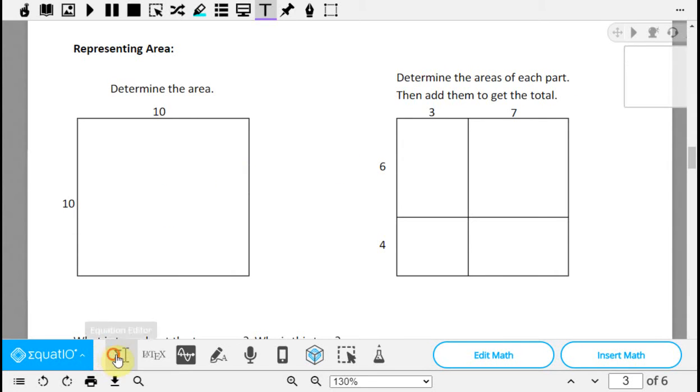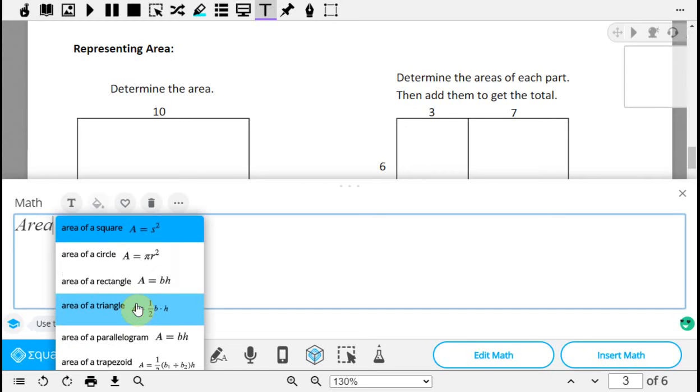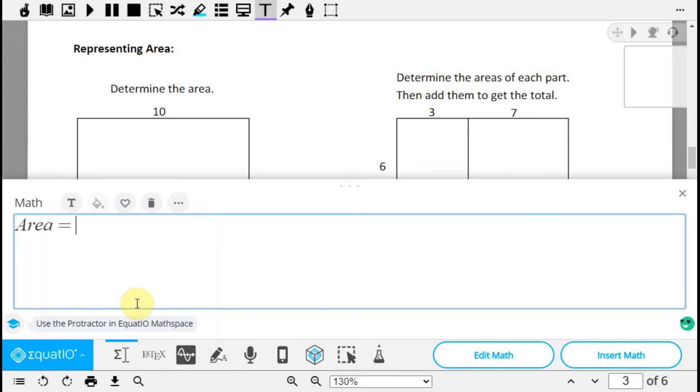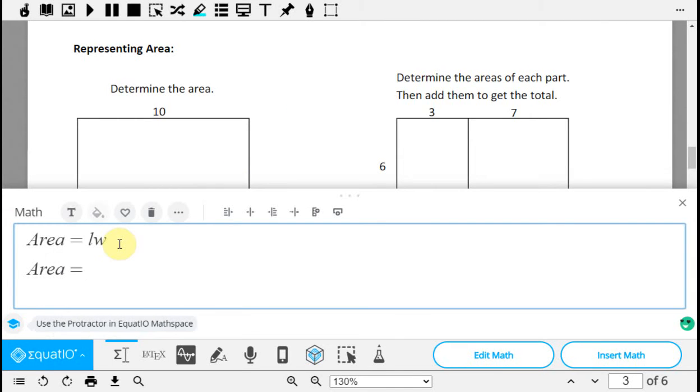So in this first example, area is length times width. And our length and our width in this case are 10 and 10. So I'm replacing the L and the W with 10 and 10. So the area is 100.